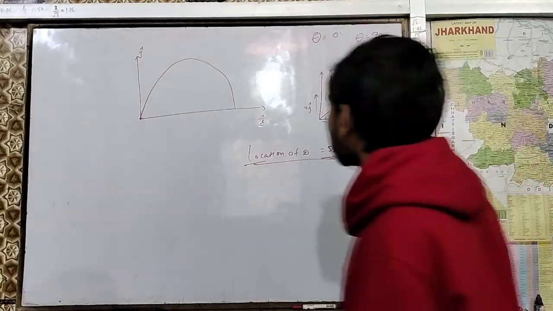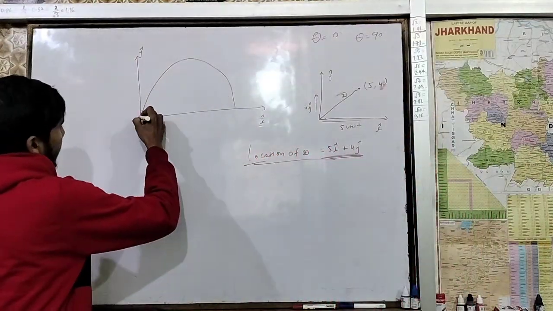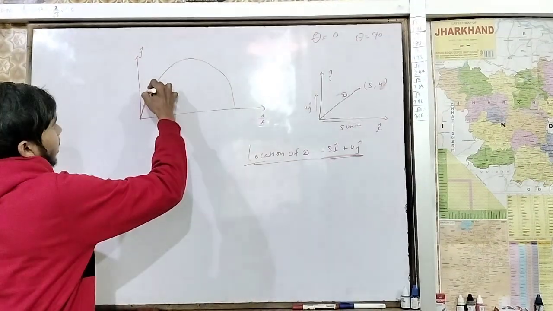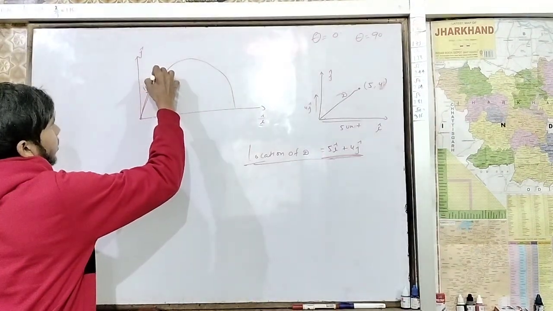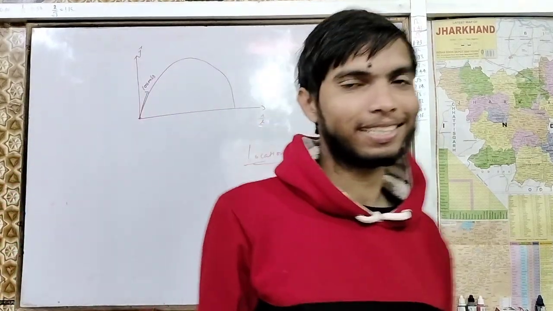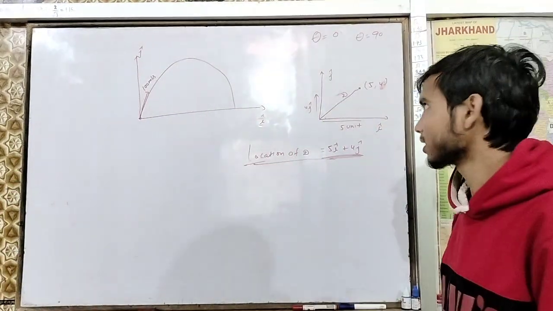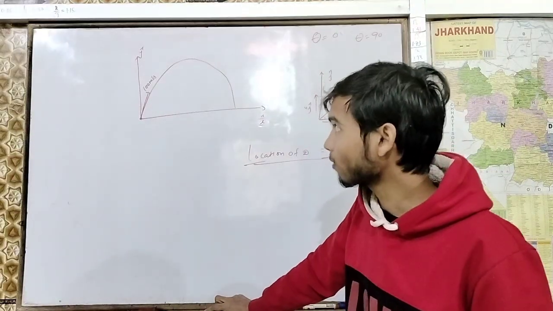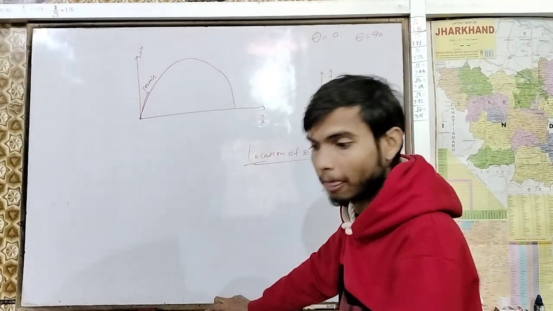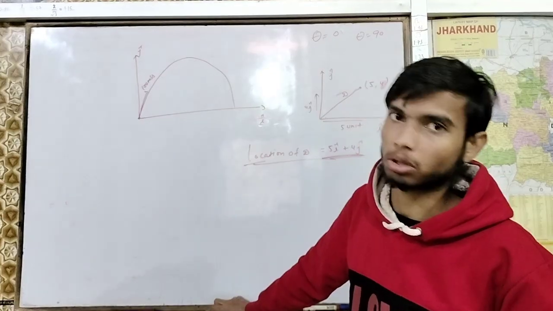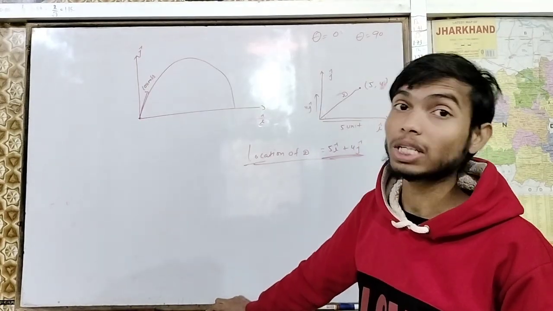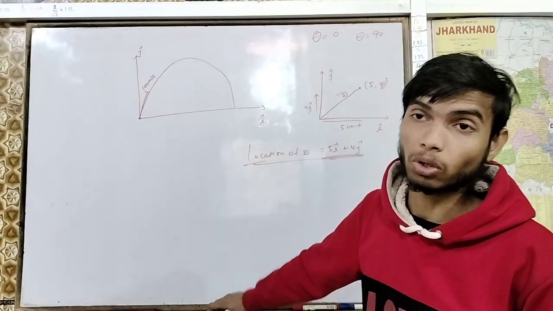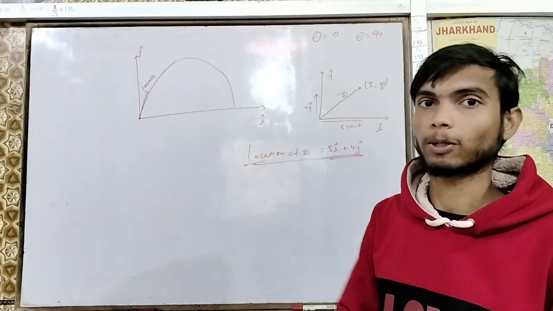The question says the stone was thrown with a velocity of 100 meters per second. With this much velocity, the stone was going horizontally as well as vertically.